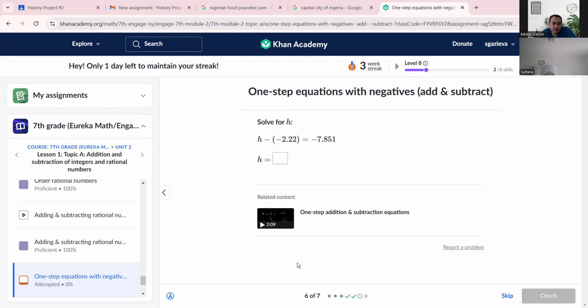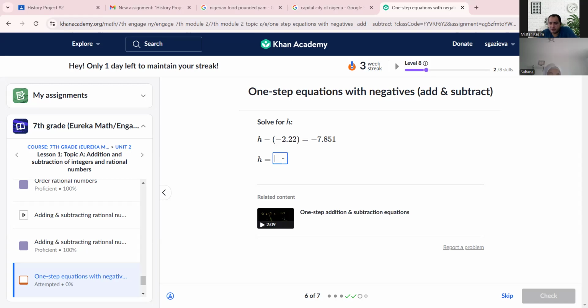Are you allowed to use a calculator for this? Sometimes, but I don't know. Oh, when you share the screen, I cannot annotate on the screen. Otherwise, I would show you here. Right now I cannot annotate. It disappears when you share your screen.